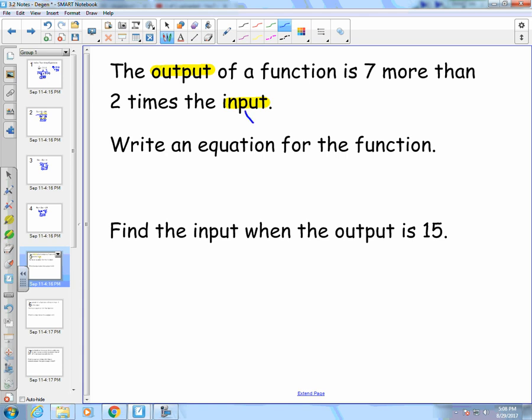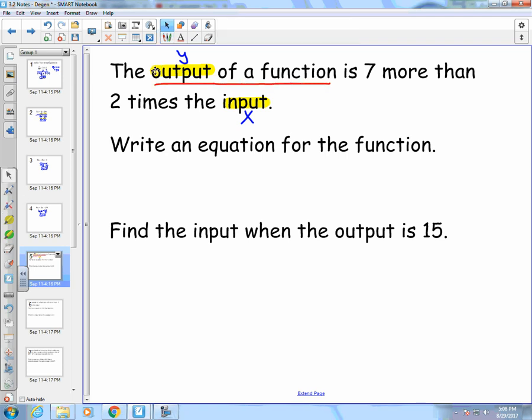Input is x. Output is y. So when we're starting to write these equations, we're going to use the letters x and y. Please make sure you use an x for input, a y for output. I will count it wrong if you flip them around. So we have the output of a function.